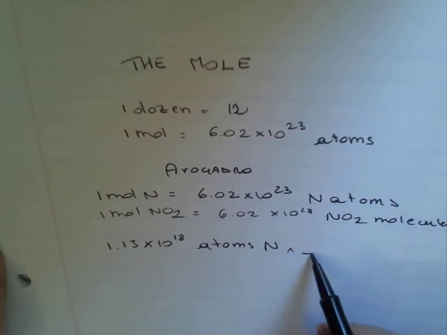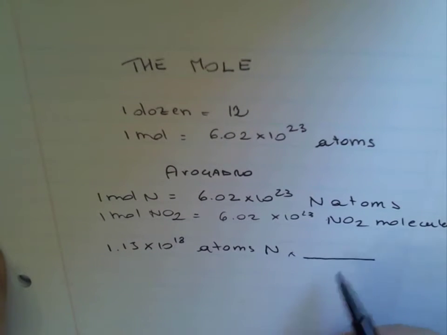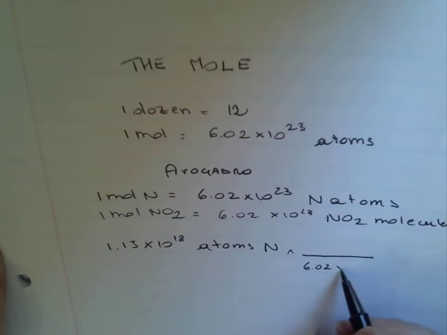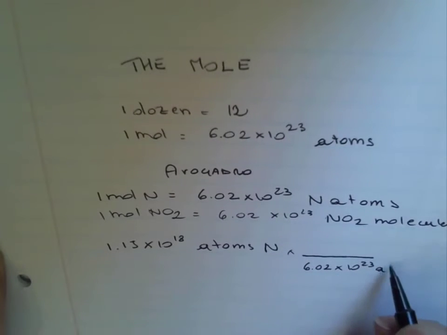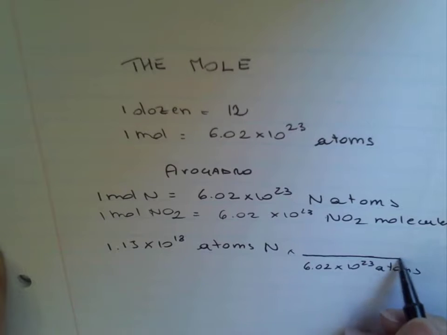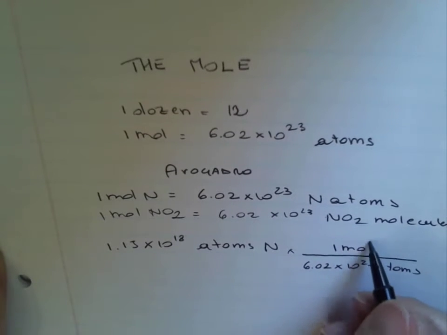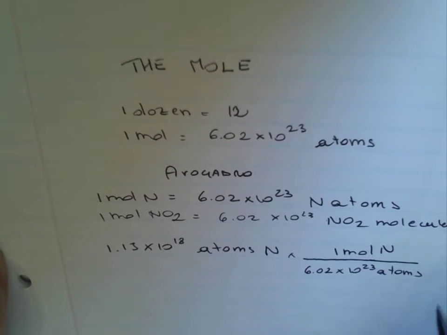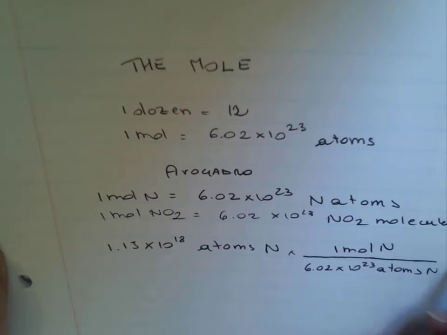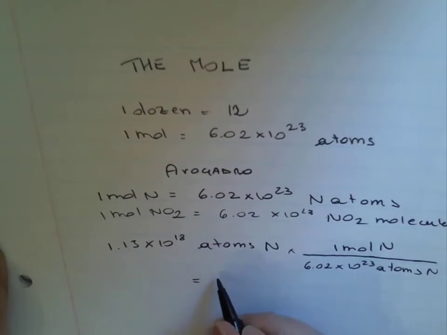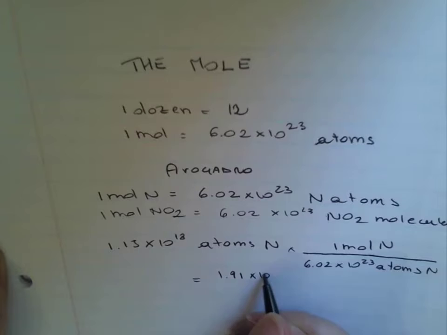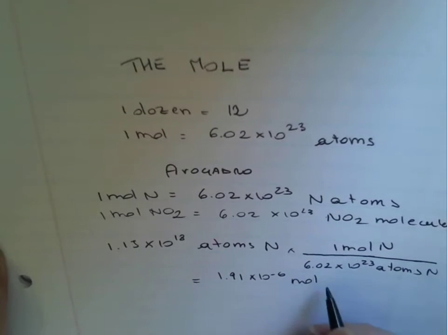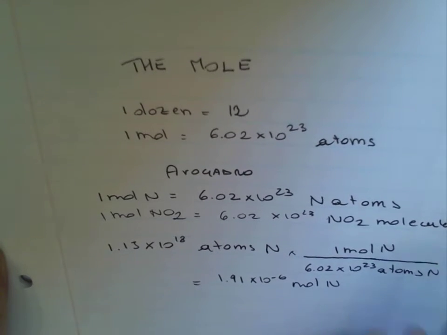So we can place it as 6.022 times 10 to the 23 atoms per 1 mole of nitrogen, and these will be atoms of nitrogen. And that will give us 1.91 times 10 to the negative 6 mole of nitrogen.